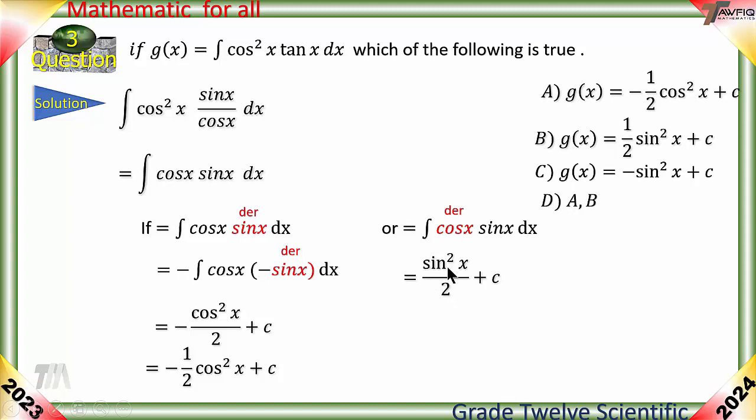It becomes sine squared x over 2 plus c. It is equal to 1 over 2 sine squared x plus c. As you can see, A and B are the two answers. So A and B are true, so we can choose D as the correct answer.